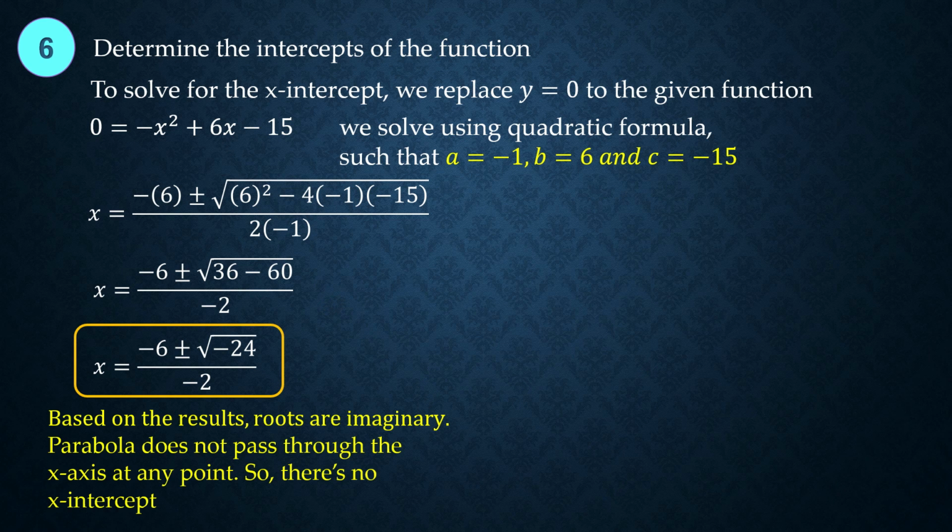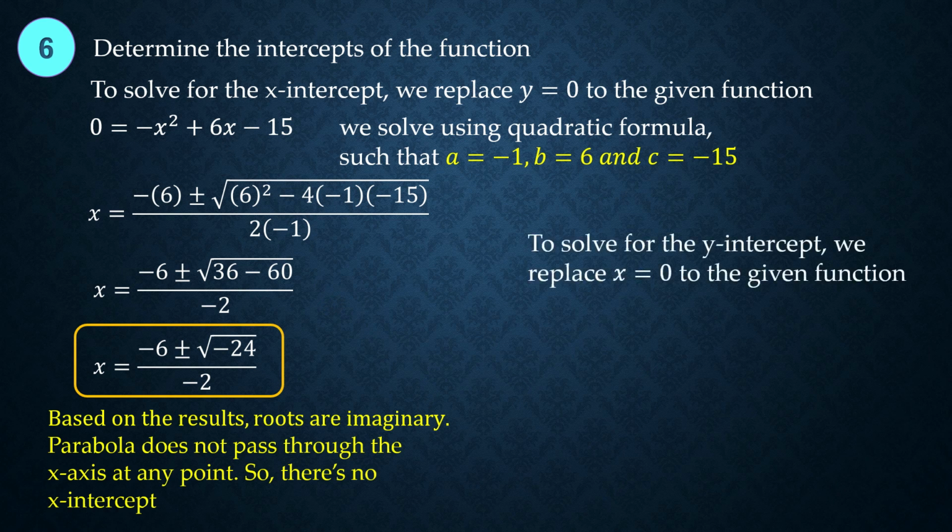Once the discriminant is negative, there is no x-intercept. To solve for the y-intercept, we replace x with 0 in the given information, since the y-intercept is the value of y when x is 0. The given equation is y equals negative x squared plus 6x minus 15. Replace x with 0: y is equal to negative the square of 0 plus 6 times 0 minus 15.